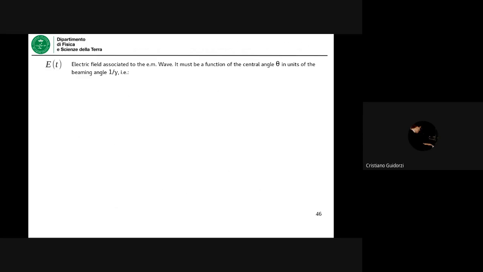Beautiful. So let's get back. I showed you a few slides ago, in a qualitative way, why when moving to synchrotron radiation the spectrum becomes continuous.